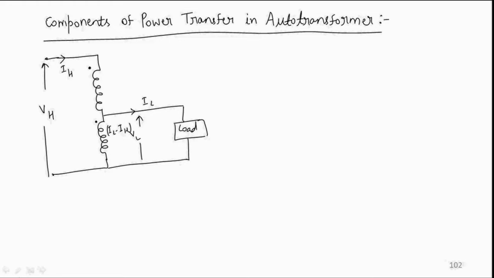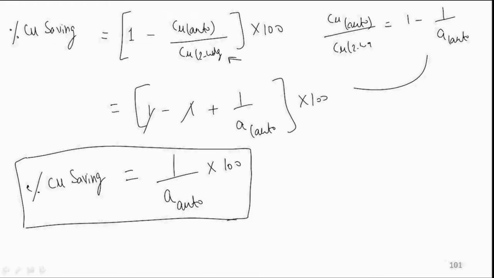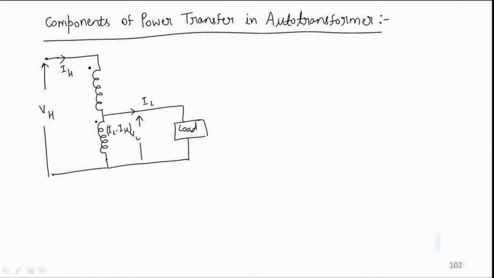So in the previous lecture, I completed the percentage copper saving, how to calculate the copper saving for an auto transformer, and the formula for percentage copper saving, which is basically 1 by A auto into 100, you will get in percentage. In today's lecture, I will tell you about the different components of power transfer in an auto transformer.